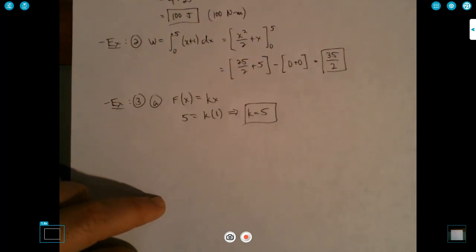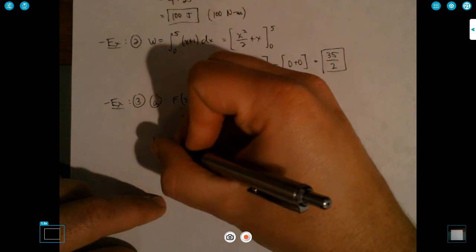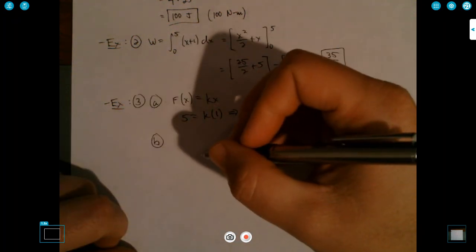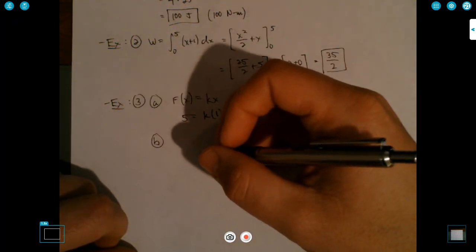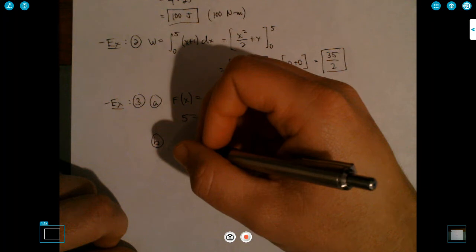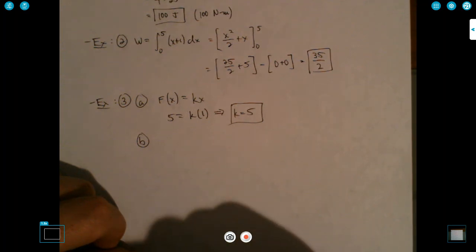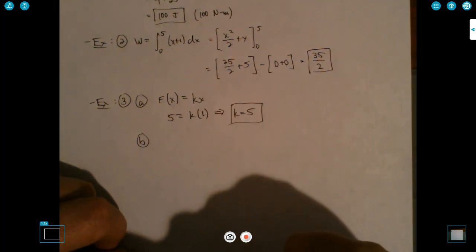Okay? All right, now part B asks, how much work is required to stretch the spring 1.8 meters beyond its natural length? So here you might have to imagine a spring, and maybe the end of the spring is at 0. We'll just say that the end of the spring is at 0 when it's resting, right?